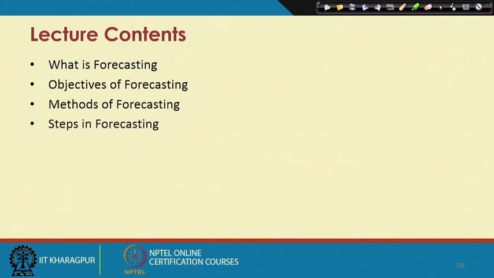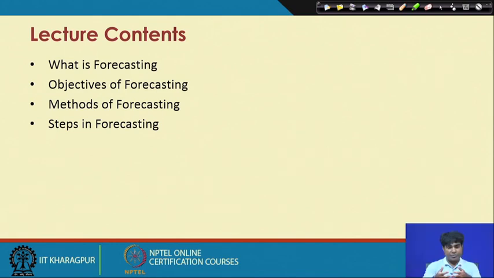First of all, what is forecasting all about, and then we will discuss something related to objectives, methods, and then steps of forecasting. So, how to start the particular process and then how to conclude with the kind of requirements.